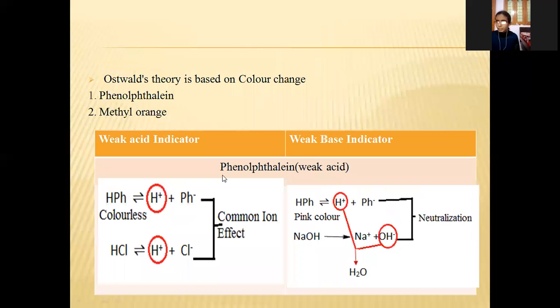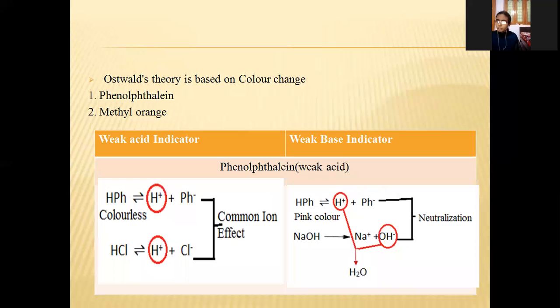See here, if we take the phenolphthalein, it is the weak acid. So when the weak phenolphthalein is dissolved in the hydrochloric acid, both are acids. And here the common ion, hydrogen and hydrogen, is the common ion. So the common ion effect is formed.